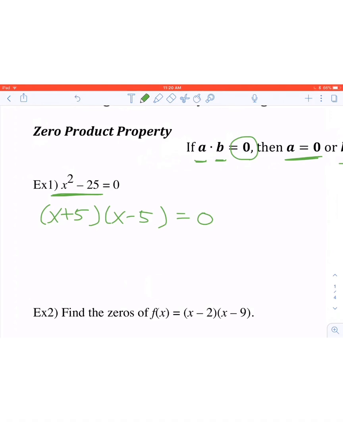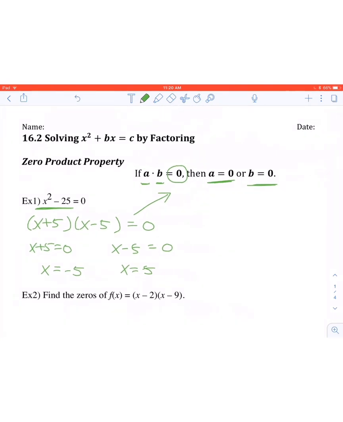And going back to the zero product property, what it means is that either x plus 5 has to be 0 or x minus 5 has to be 0. So let us solve both of the equations here, which in this case makes it x is equal to negative 5 and x is equal to 5. Therefore, this quadratic equation has two solutions of x is equal to plus or minus 5.